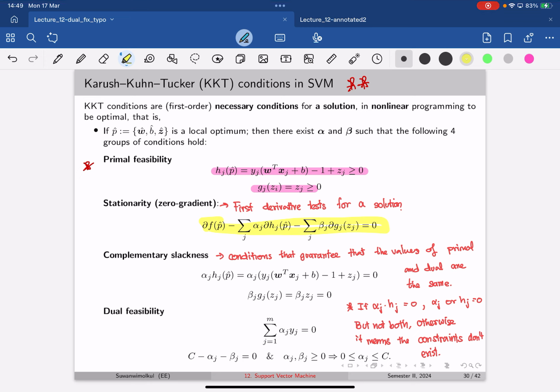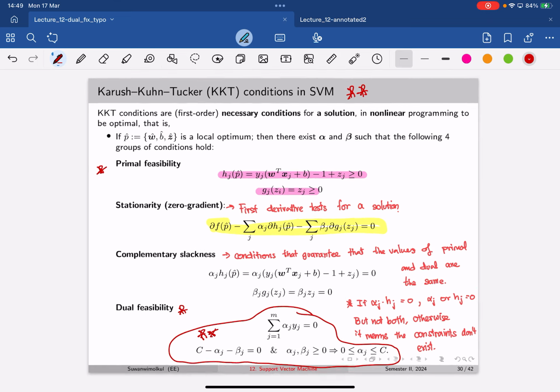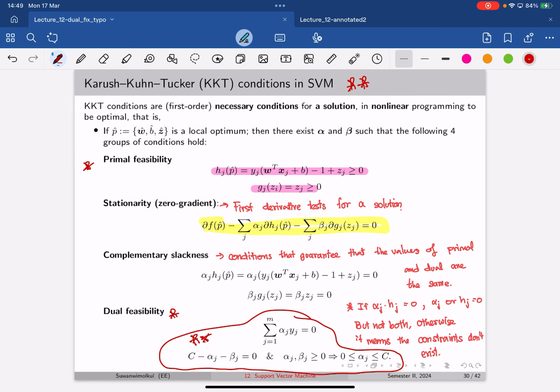The other type of condition is the complementary slackness, the condition where you ensure that your dual and primal have the same value. And finally, you get the dual constraint, the condition you would have if you were to solve the dual problem. So that's all the types of constraints that we are dealing with when we want to turn the primal SVM into a dual form.